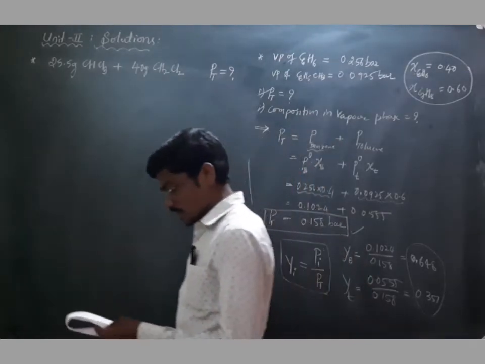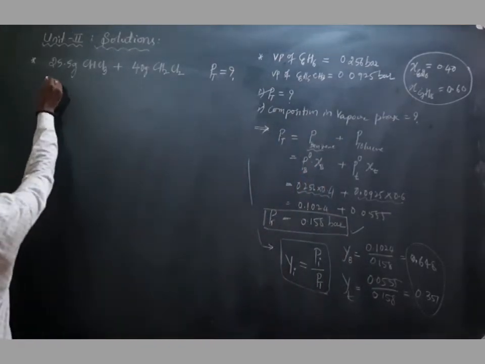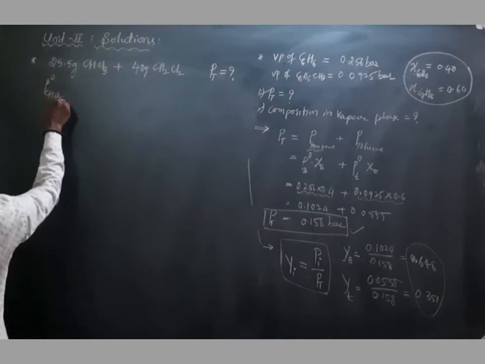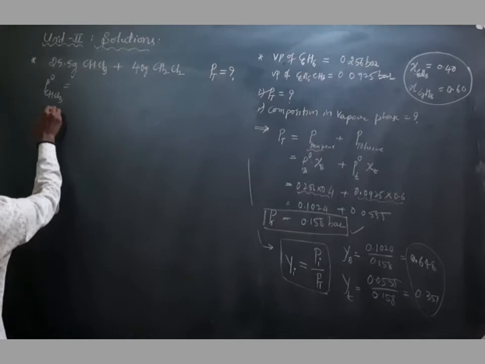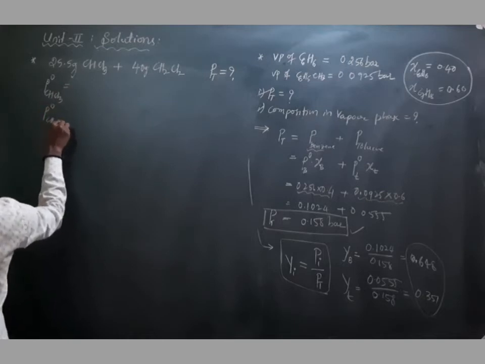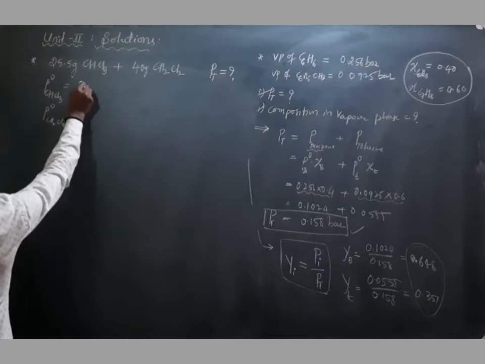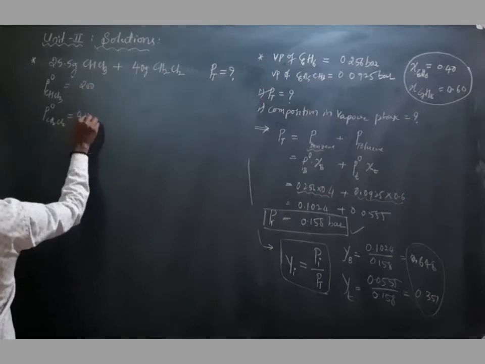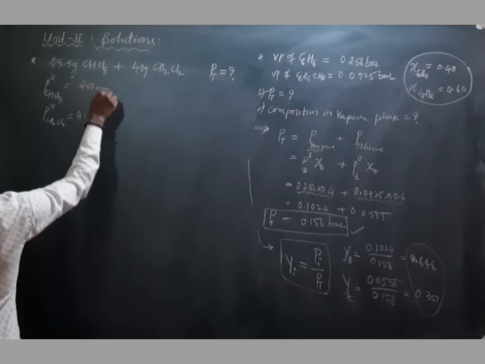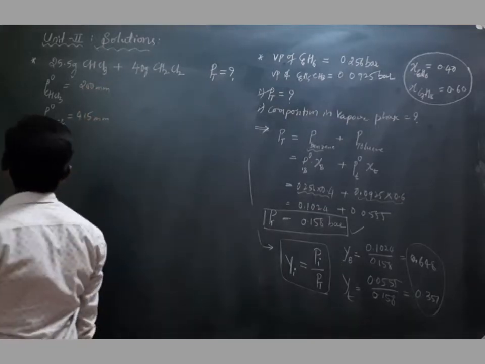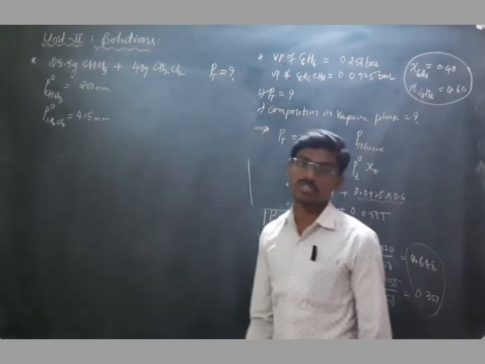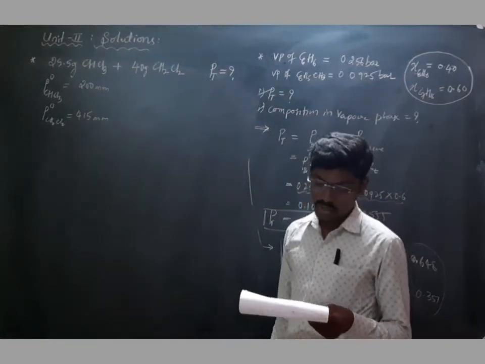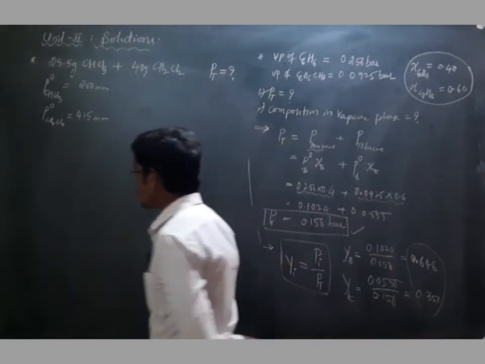It is given that the vapor pressures in pure form, P naught of CHCl3 and P naught of CH2Cl2, are 200 and 415 mmHg respectively. So calculate the total pressure of the solution.